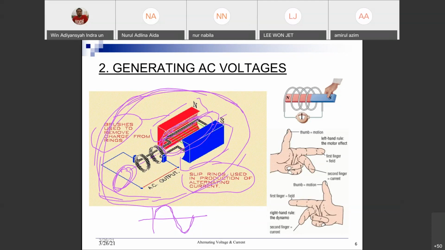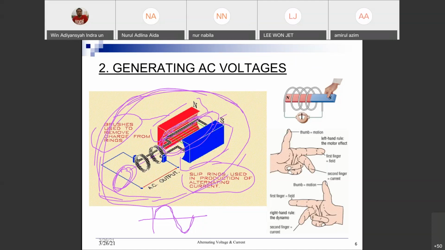By rotating the coil, it will give an output of AC, alternating current. That will be transmitted through the cable all the way to cover the whole of Malaysia.